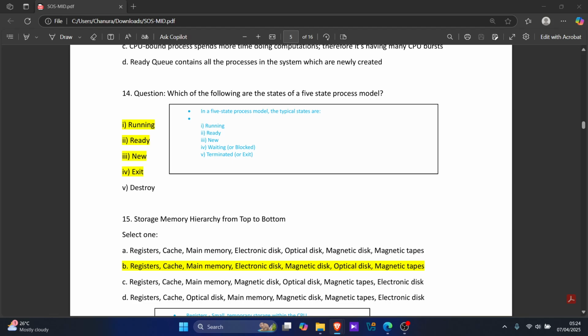Therefore, the correct answer is the 4 states mentioned, but since the options include 5, perhaps the user made a mistake. However, given the information, the correct answer should be the 4 states plus blocked, which isn't listed. Hence, the answer is the 4 states, 1, 2, 3, 4.